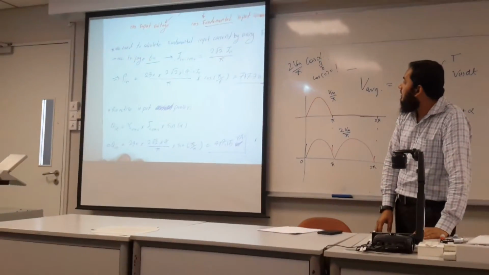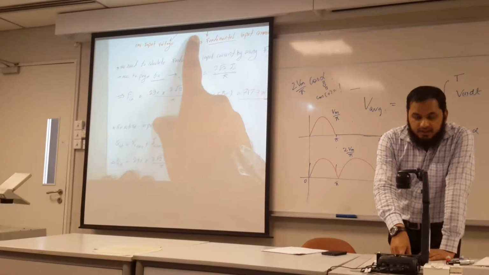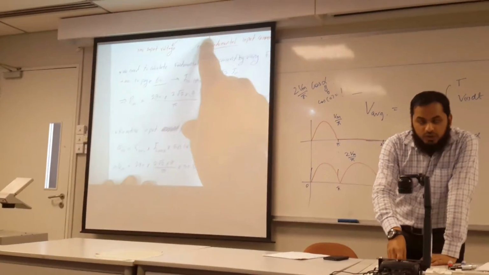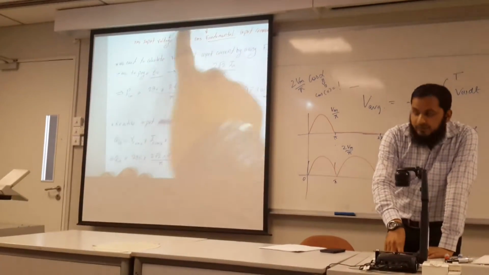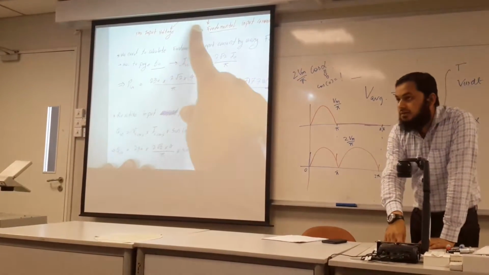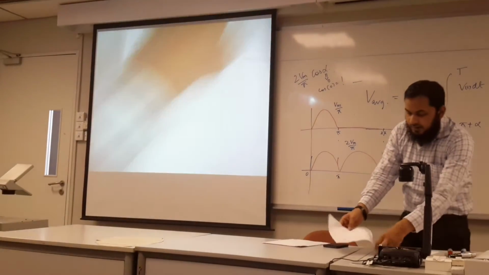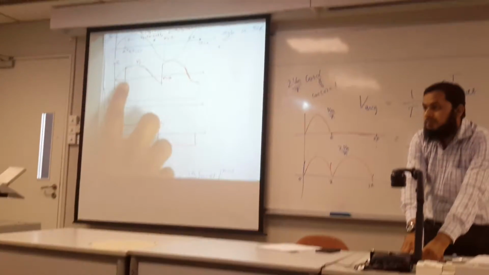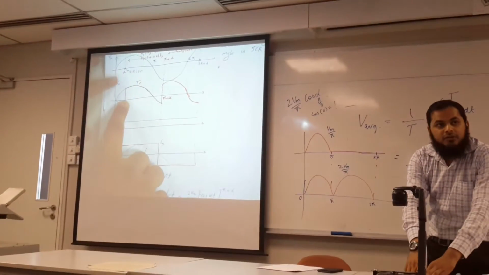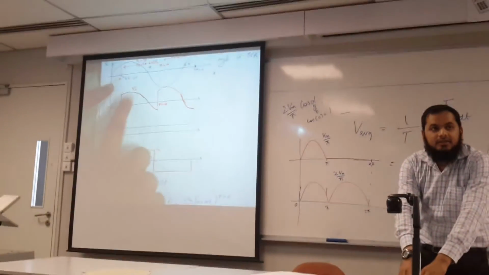Now active power, as I said, is defined as Vs RMS into Is1 RMS into cos alpha. We know alpha. We can calculate Vs RMS. You can calculate the RMS of this waveform, isn't it?